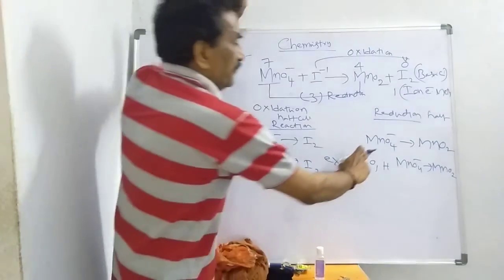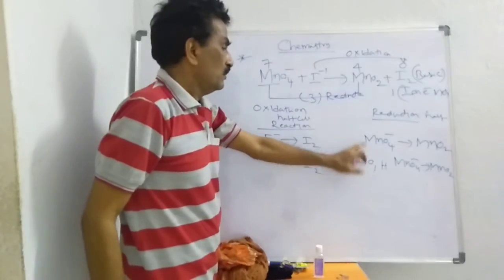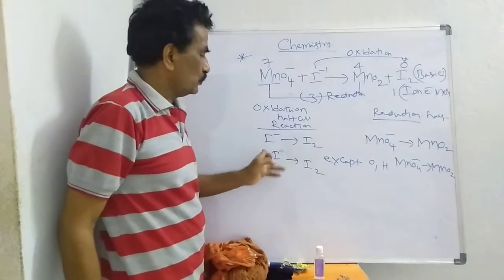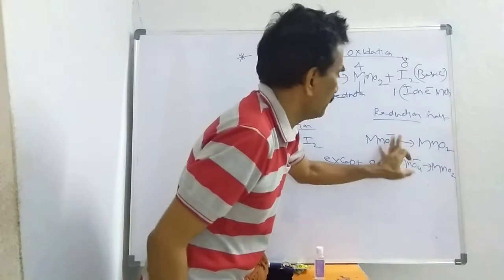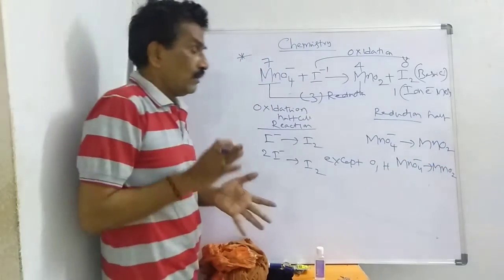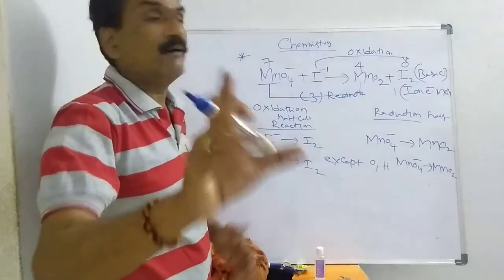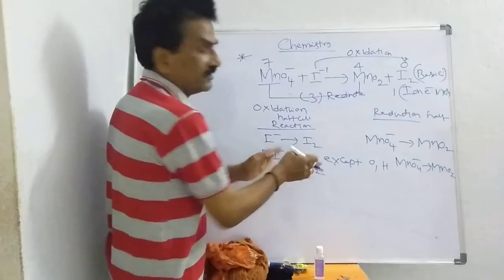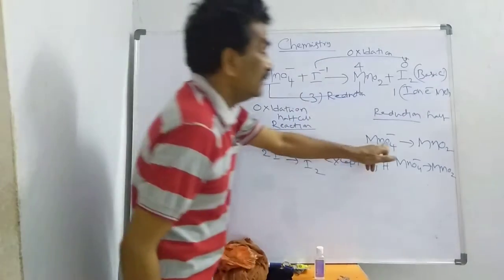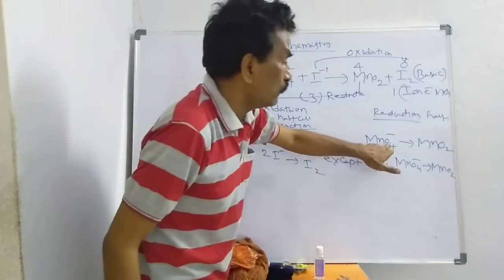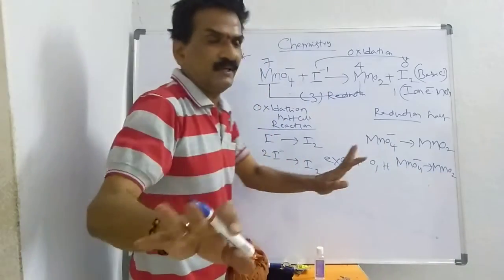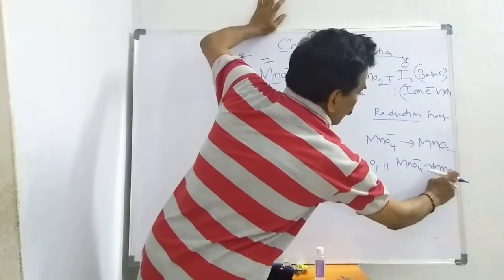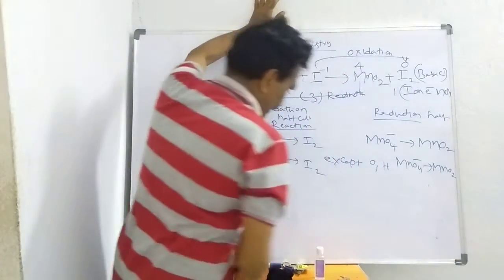Now, 2I minus gives I2, MnO4 minus gives MnO2. Here Mn. Now I am going to take oxygen. Here there is no oxygen, no problem. Here there is oxygen. Here 4 oxygens are there, and on the right side 2 oxygens are there.